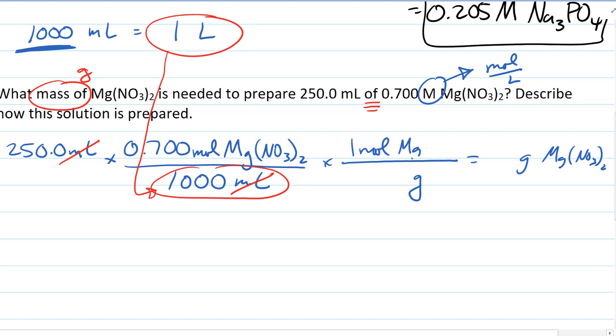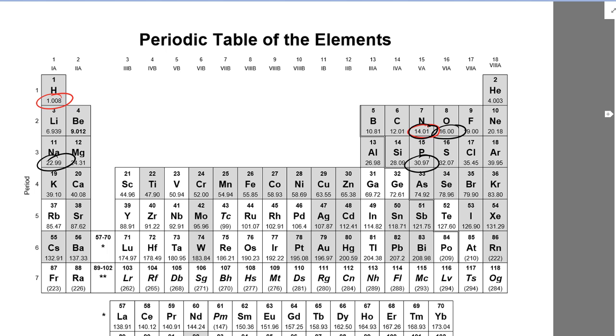Always. So we go ahead and calculate the grams of magnesium nitrate in 1 mole of magnesium nitrate. So we'll go back to our periodic table. We have 1 magnesium, 2 nitrogens, and 6 oxygens.